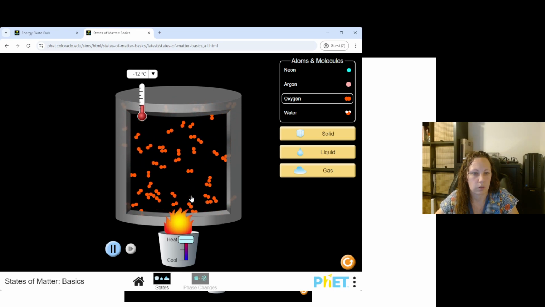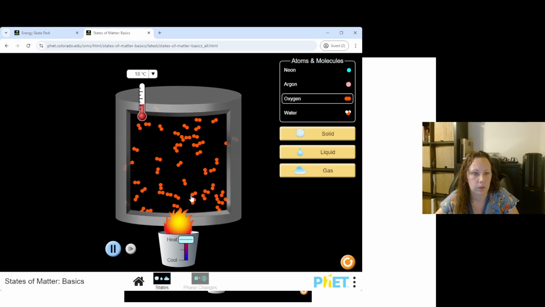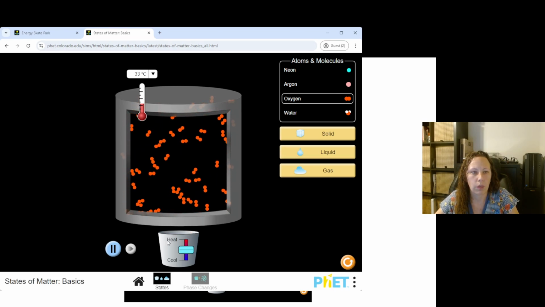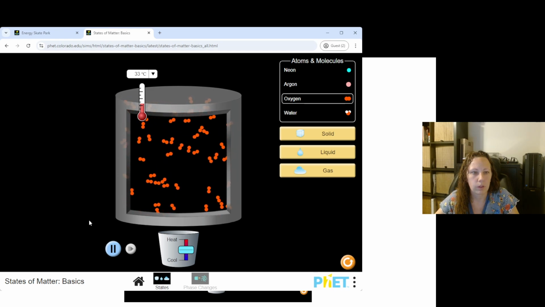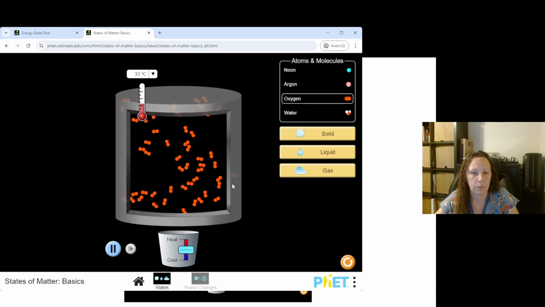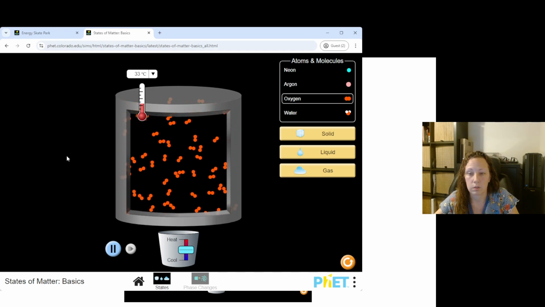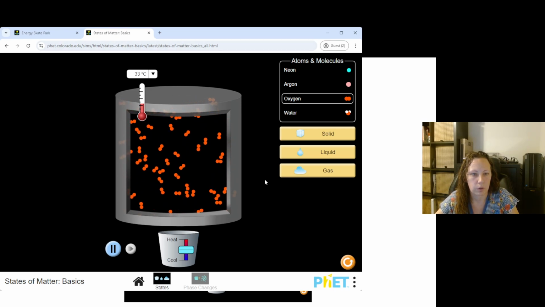And we're still below zero, so it's slow. Okay. So there is more thermal energy contained here than there was a minute ago when the temperature was lower.